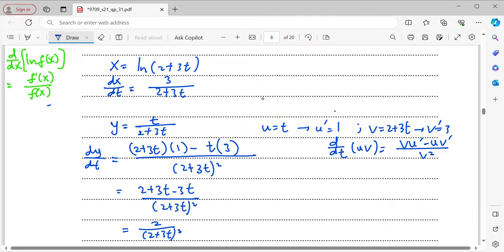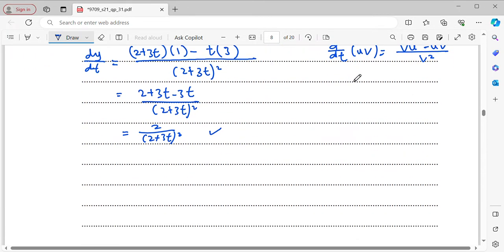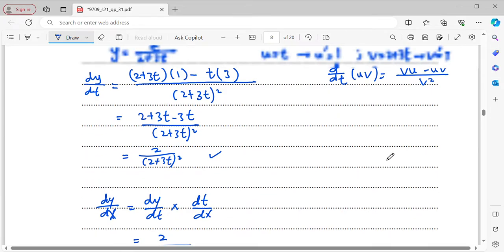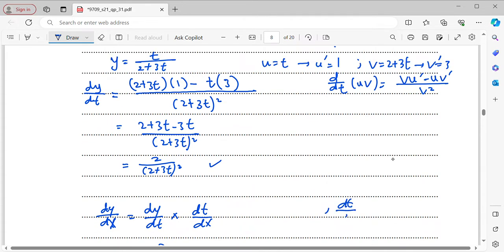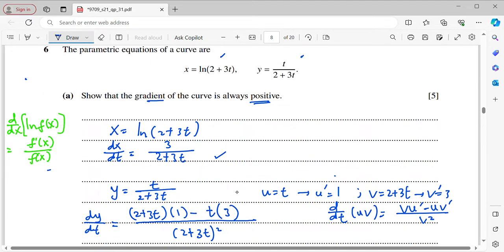So now once you have found the dx/dt and dy/dt, to get the dy/dx, which is the gradient of the tangent or just the gradient, it will be the chain rule. dy/dx is going to be dy over dt times dt over dx. So rewrite the dy/dt first: 2 over (2 plus 3t) squared. Now for your information, dt/dx is the same as 1 over dx/dt.